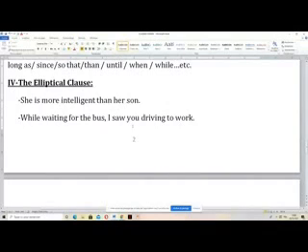While I was waiting for the bus, I saw you driving. So I was, the subject and the verb, are missing, but still the sentence is correct. So I can call it an elliptical clause.